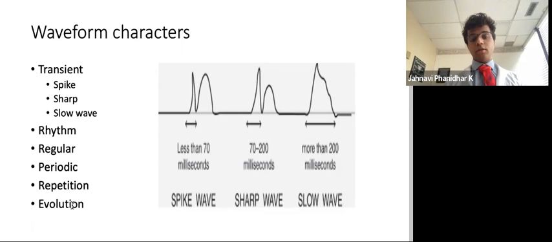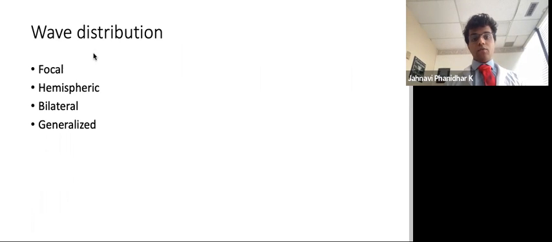Evolution is an important characteristic of the waveform, which shows increasing or decreasing amplitude, increasing or decreasing frequency of the waves along the EEG. And we can see the distribution of the EEG wave and characterize them as focal, hemispheric, bilateral, or generalized.